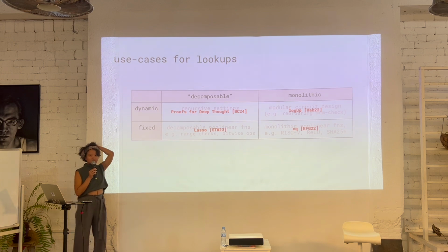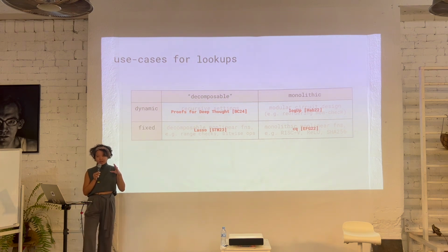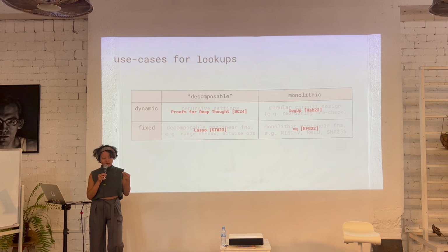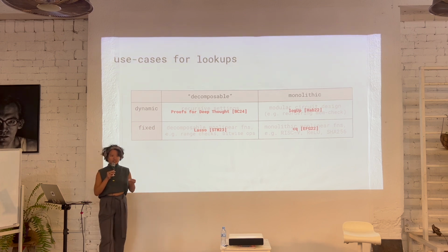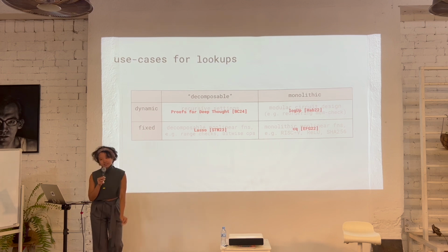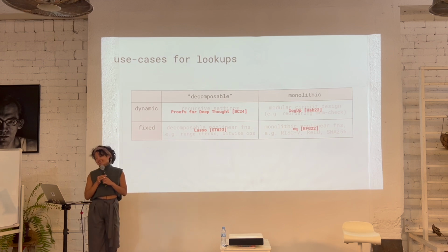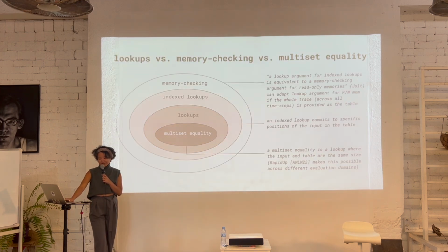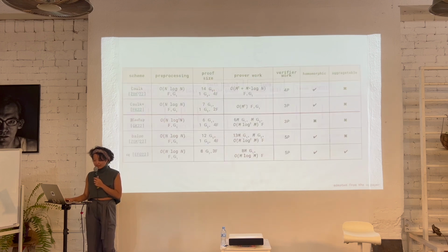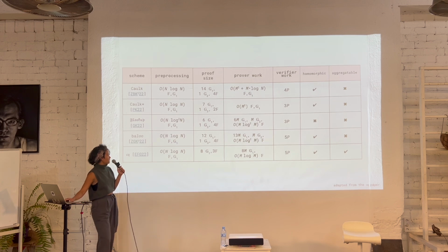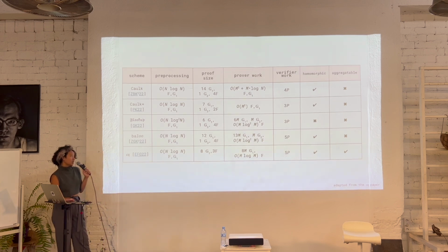Depending on what your lookup is optimized for, you're going to have different implementations, different arithmetizations of the same function. Even if we fix a certain function like SHA-256, given a different lookup, you're going to have a different strategy. So when I was thinking about how to update this, even asymptotics are hard to state.